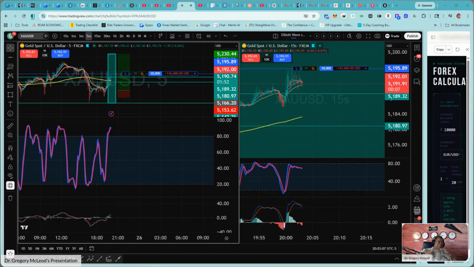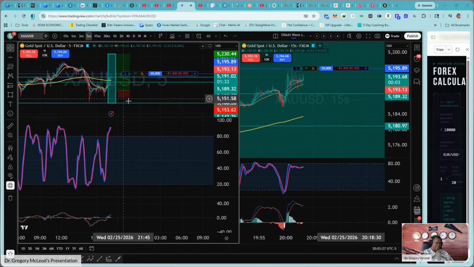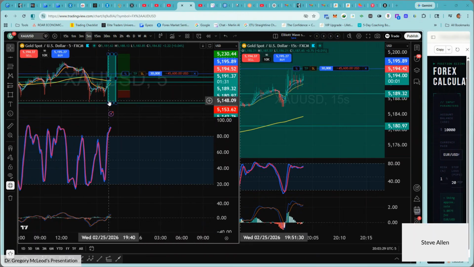Why? Because you're getting your 1, 2, 3, 4, 5, if you're catching it from 0 to 5. You're catching the average daily range, and the average daily range of the currency pair is 100 pips. So you could catch 90 to 100 pips on something like this, right? Yeah.